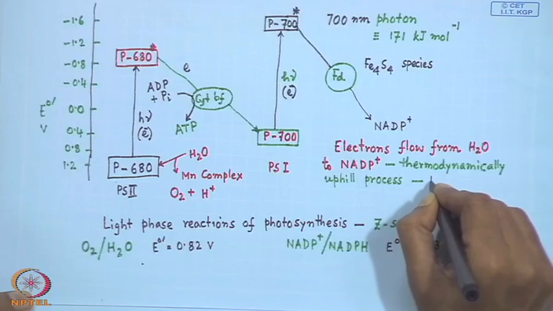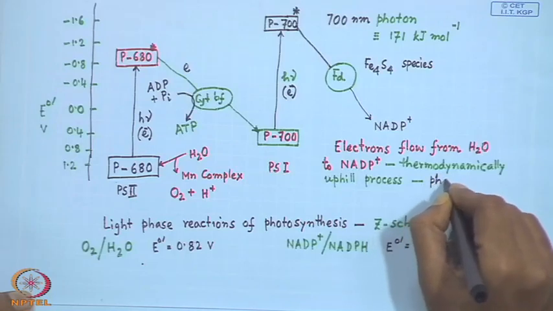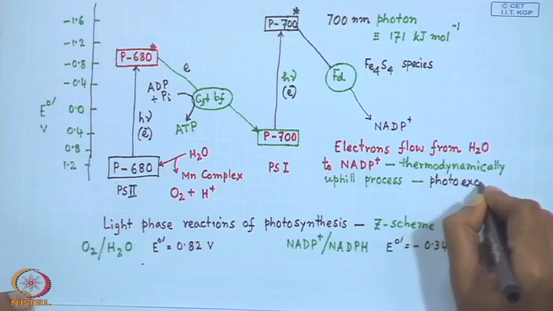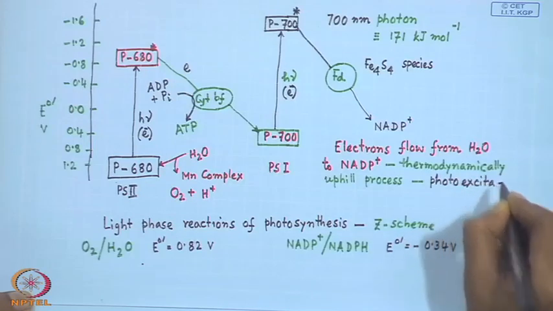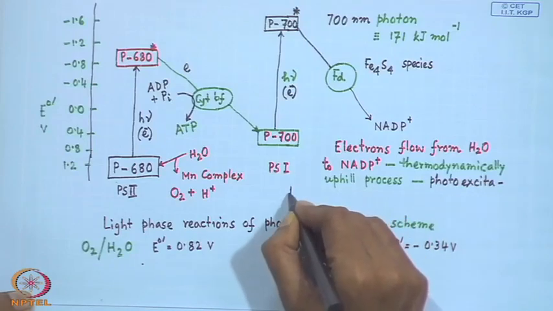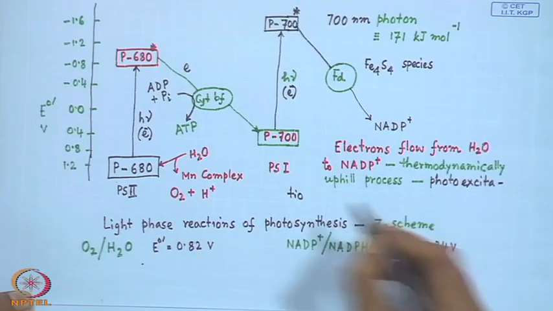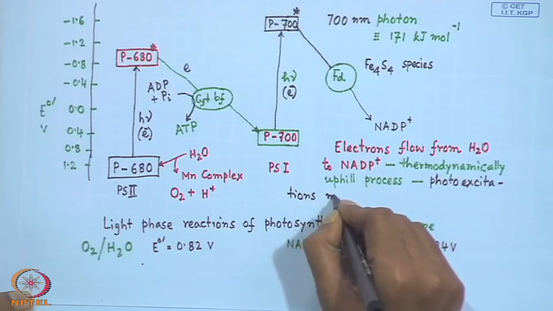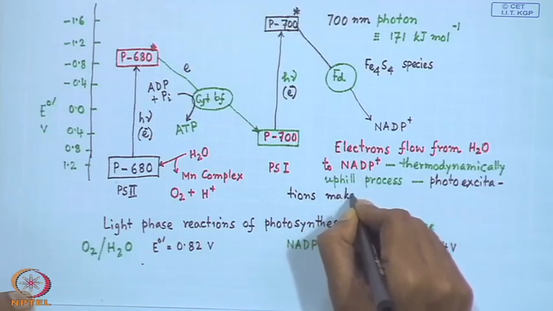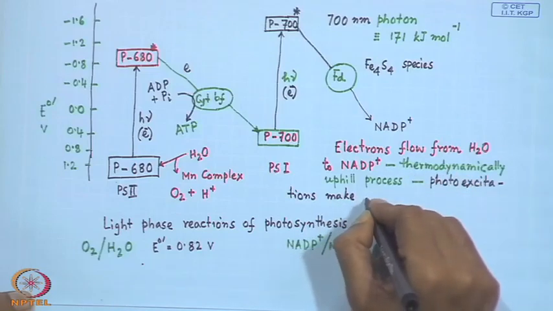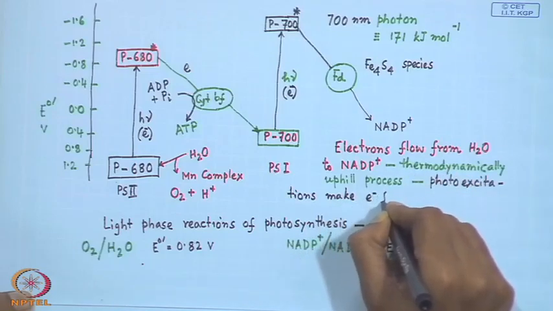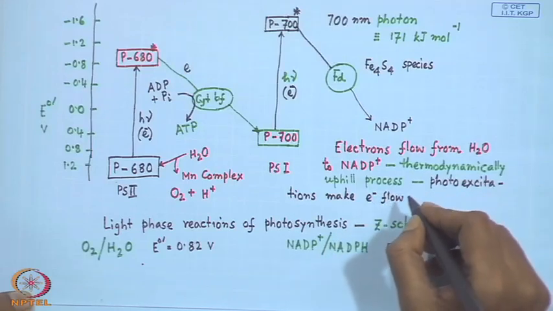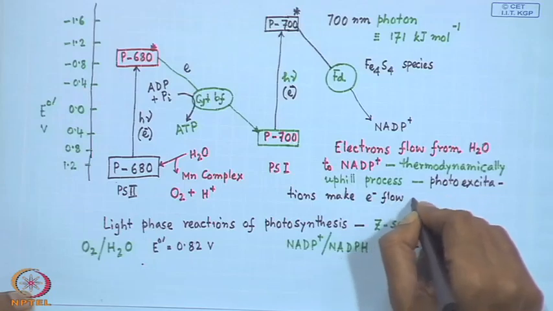So, one important thing here is photo excitation. Photo excitation makes electron flow downhill, which was not possible otherwise.